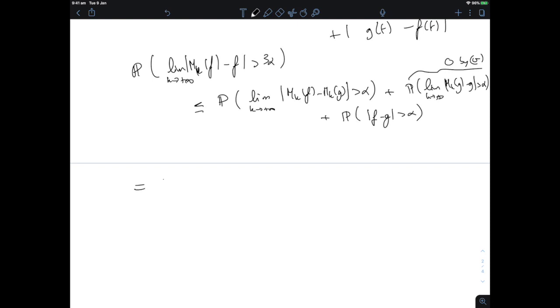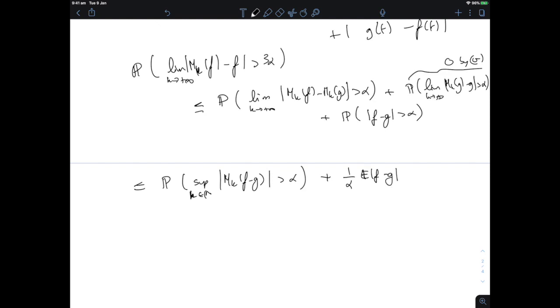So this is the probability that the limit is large, which is certainly smaller than the probability that the supremum of mk of f minus g is greater than alpha, plus, for the term probability of f minus g being greater than alpha, I'm going to remember that this is smaller than 1 upon alpha times the expectation of f minus g, sometimes called Markov inequality.